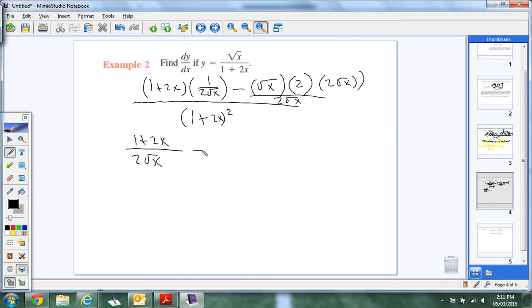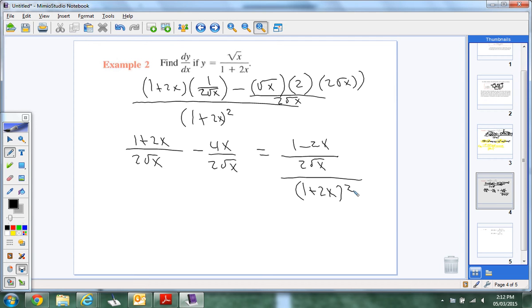So we have minus 4x over 2 root x now. All we're trying to do, if you're trying to catch up, is get a common denominator of 2 root x between these two. So now I can put these together. 2 minus 4x is negative 2x. So I have 1 minus 2x over 2 root x, over 1 plus 2x squared. What can I do from here? What's my fraction rules here?